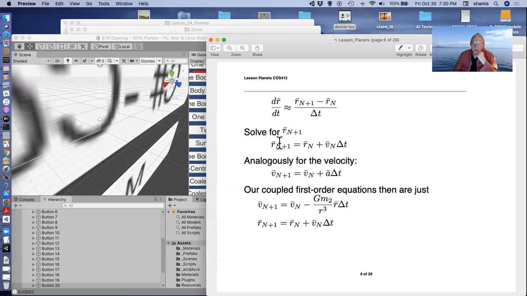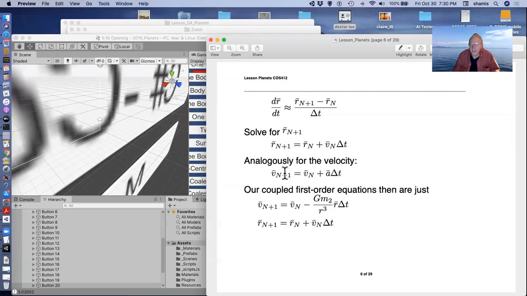And I can rearrange this so that I end up with a recursion relationship where I'm given r at the next step in terms of r and v at the current step and delta t.